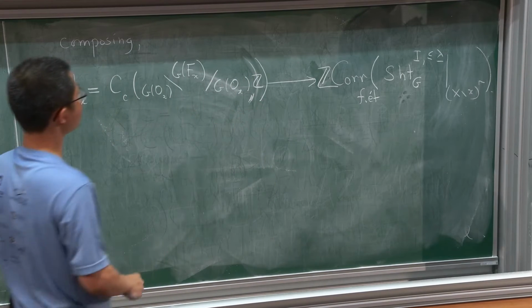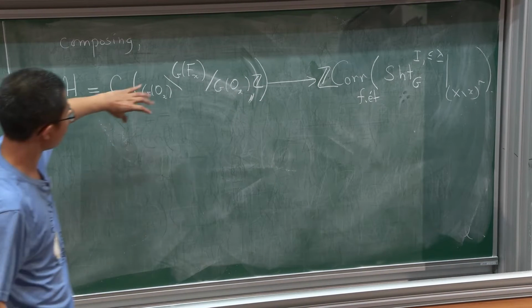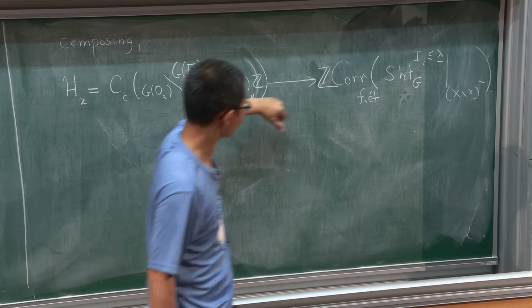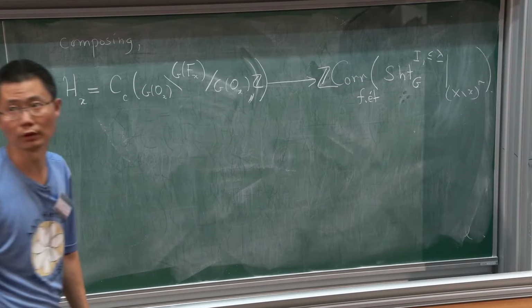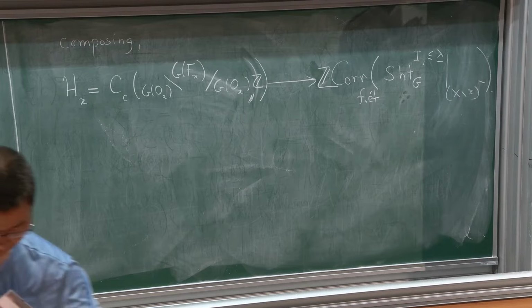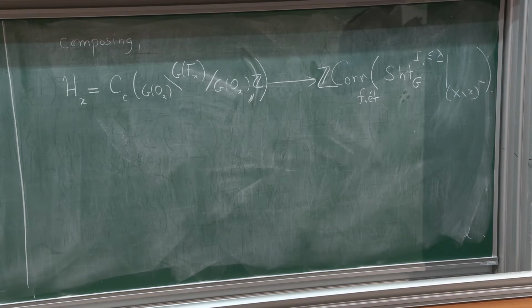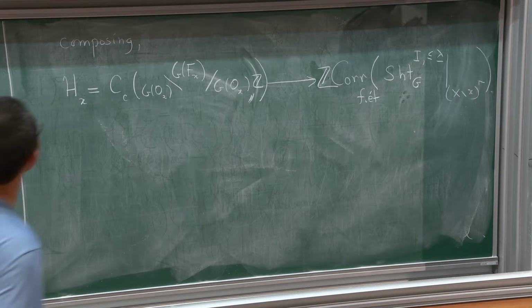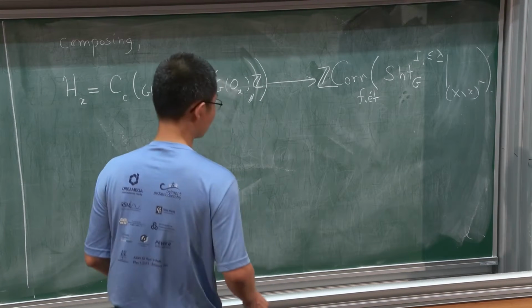But the basic point here is that convolution of two Hecke functions corresponds to composition of correspondences. So this Hecke algebra acts on the Shtuka moduli space by correspondences. That's not new to us. It appears in automorphic forms on modular curves.